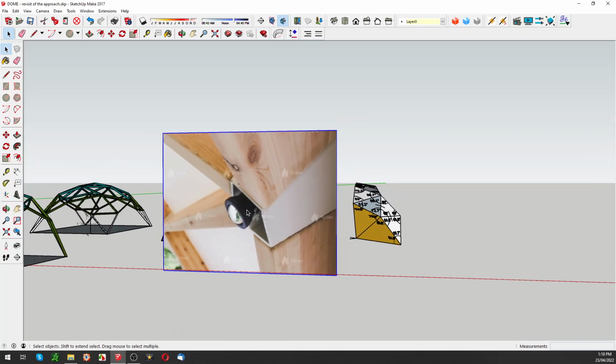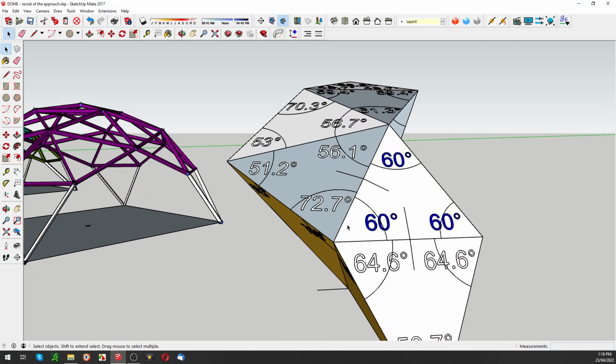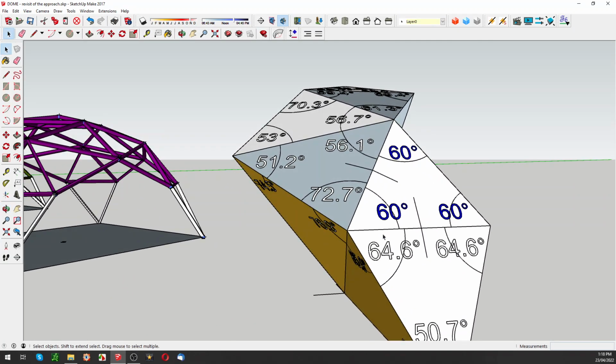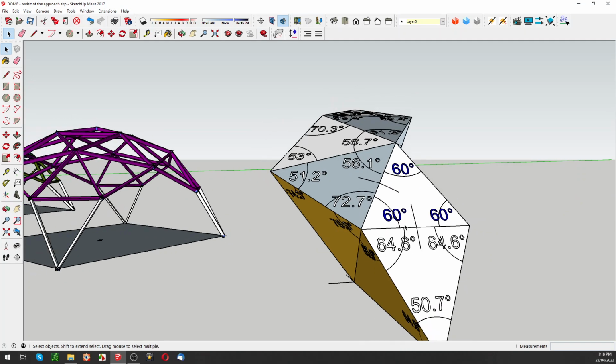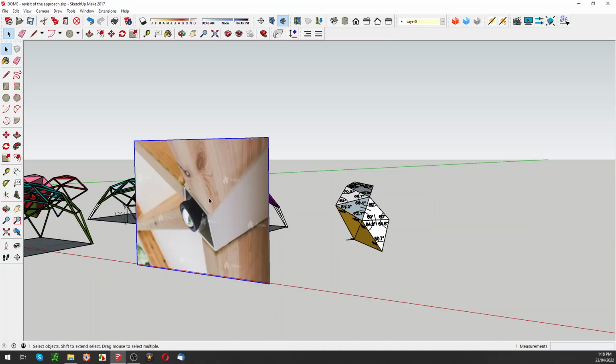So this hub is the hub in this section in here, and because there are different angles on each strut, it would of course mean that the length of the angled cut would be different, and therefore no metal hub could be created where they all come flush at the top and the bottom.